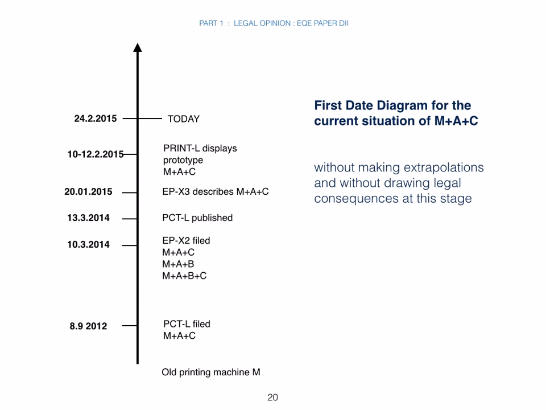PCTL was filed the 8th of September 2012 for M plus A plus C. It's the first filing. EPX2 is filed 10th of March 2014 and it covers M plus A plus C, M plus A plus B, M plus A plus B plus C. PCTL was published on the 13th of March 2014.